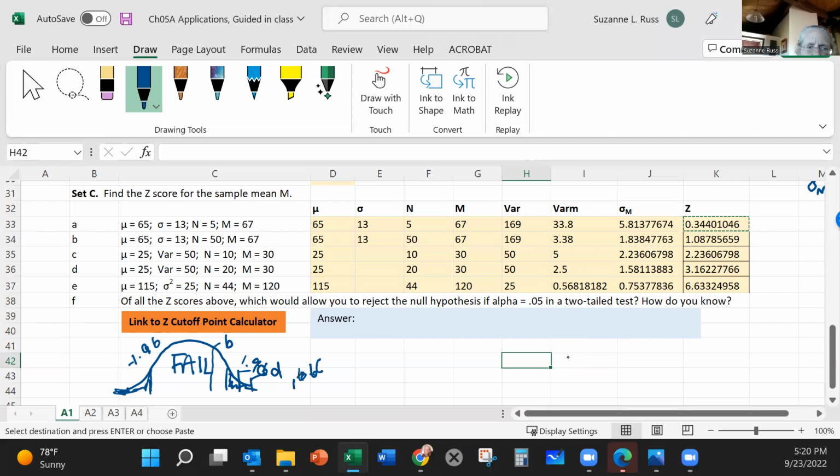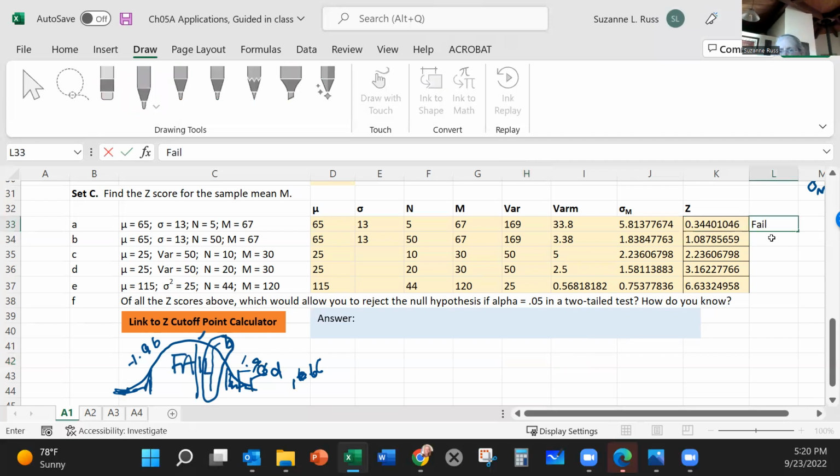And so that's E. So I see that the only ones that fall in the fail region are B and A, which I didn't draw, which is right about here. So those two are fail. The other ones are reject. I think I'm just going to add a column and write that. Fail, fail, and then reject, make our statistician happy. And we'll reject these others.